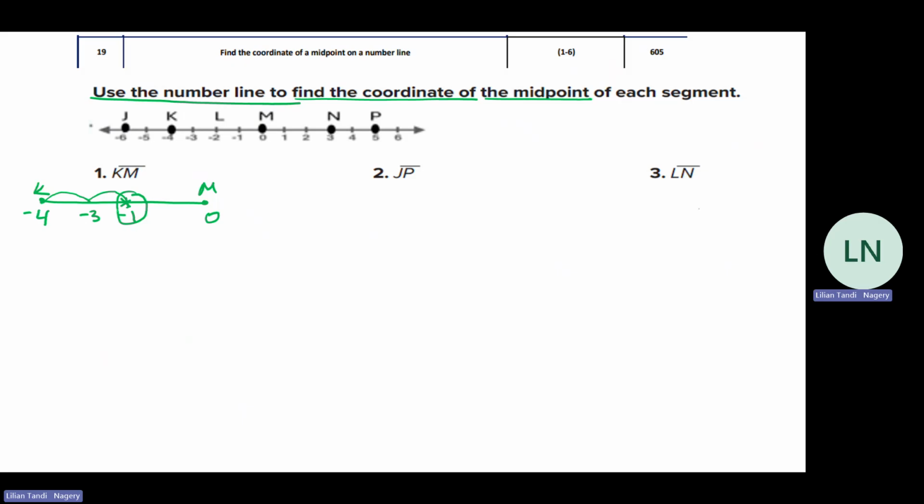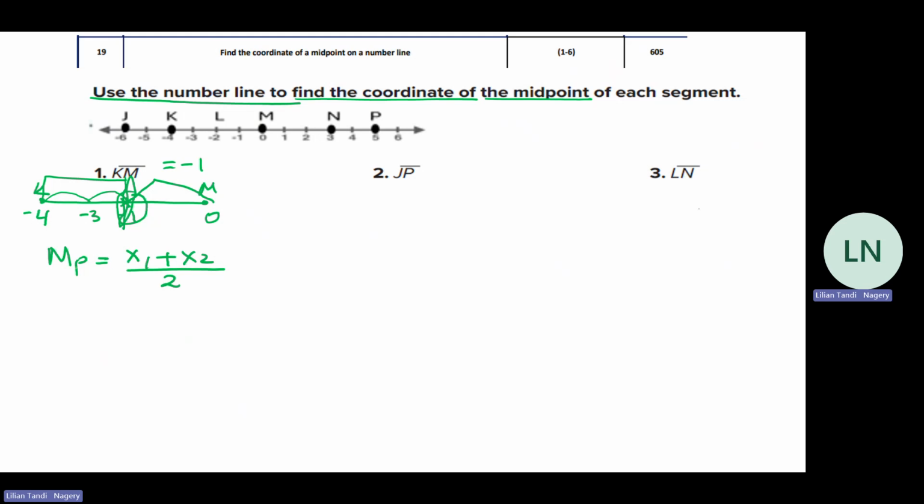What does the midpoint do? The midpoint cuts my line into 2 equal parts. This distance is the same as this distance. Now let us see, using the formula, if my answer is correct. Midpoint equals x1 plus x2 divided by 2.